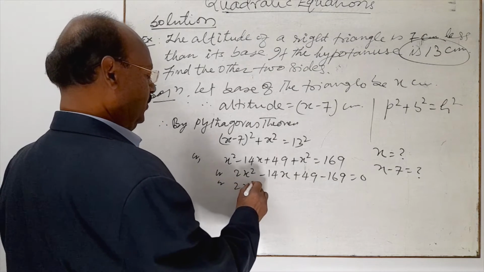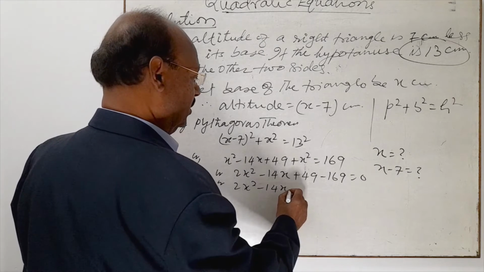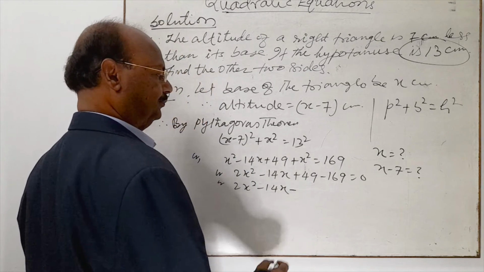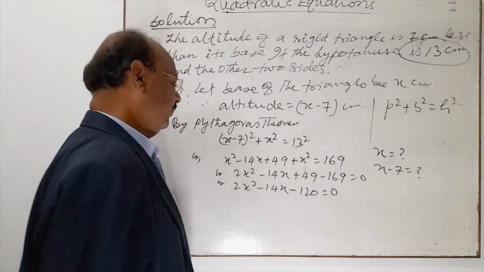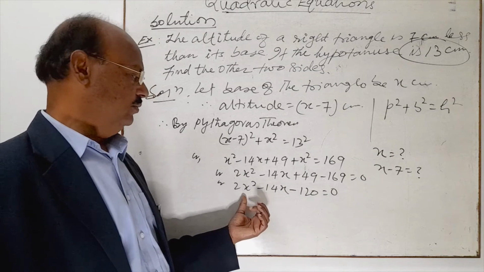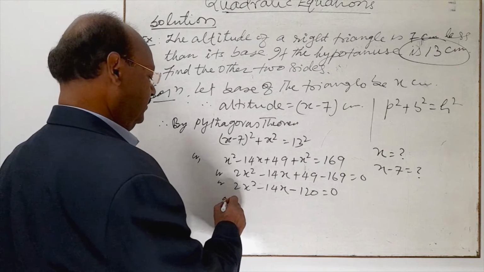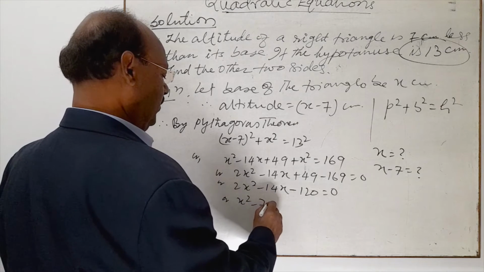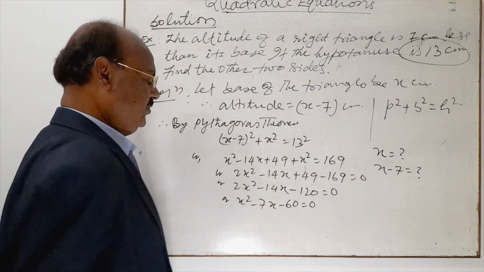Or 2x square minus 14x minus 120 is equal to 0. Now let us divide this expression by 2, because 2 is common in each term. So you can write x square minus 7x minus 60 is equal to 0.